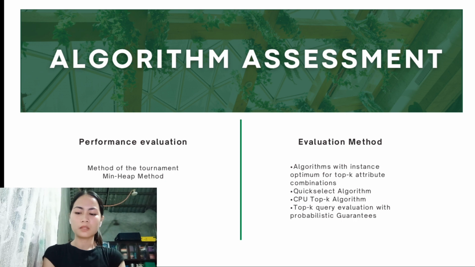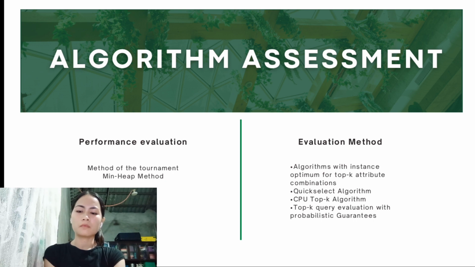A new kind of top k query known as top k,m has been presented by researchers. Its goal is to identify the top k attribute combinations based on the total scores of the top m objects in each combination, where m is the number of objects that make up a combination.